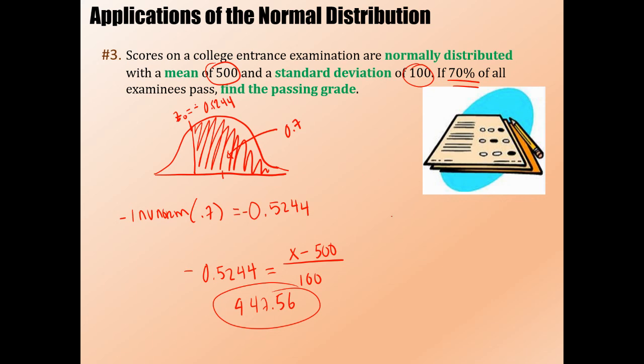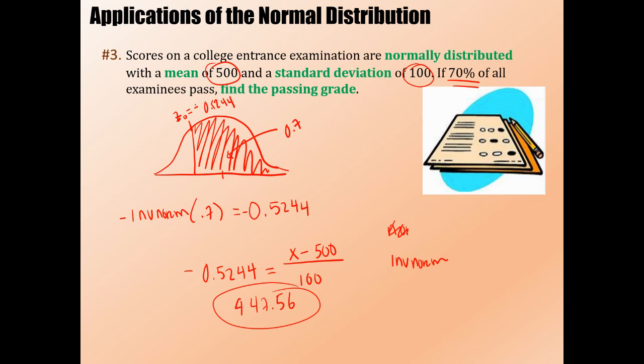I could technically not find the z-score, and I could do inverse norm of 0.7 and use the mean. And I could have done this for the other one too. It's just not really demonstrating a high level of understanding.